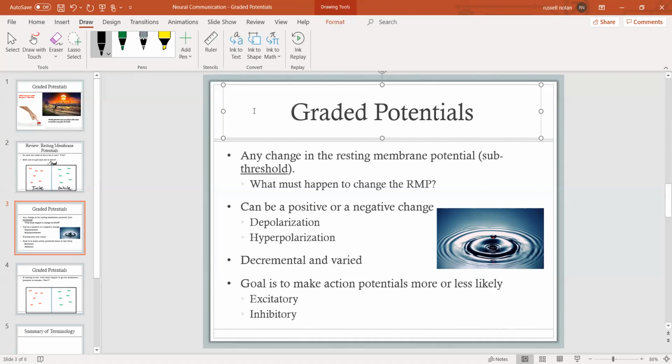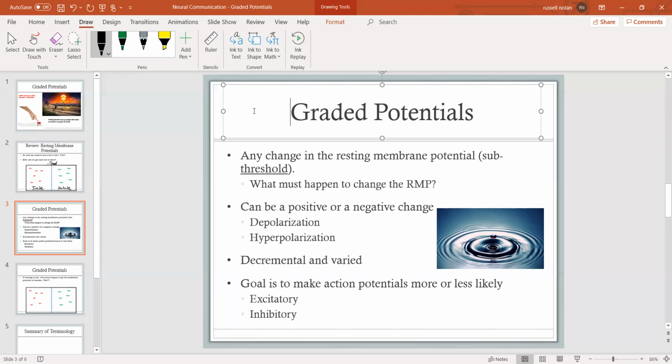If you think about a graded potential, a small graded potential is like a small rock in the water. So you will have a change, but the ripples will be very small. They will not last very long. If you throw a big rock in the pond, then you're going to have much bigger ripples. They will last longer. But either way, the further the ripples go from the source, from where the rock first hit the water, the ripples get smaller and smaller. So that's what we mean by decremental and varied.